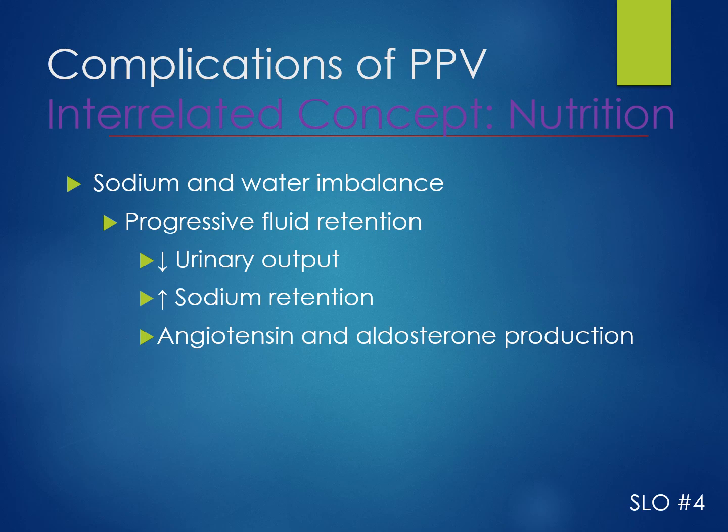So complications of positive pressure ventilation, so sodium and water imbalance. Because of the hypotension and decreased cardiac return, your kidneys pick up on that, and they secrete aldosterone, retaining sodium.